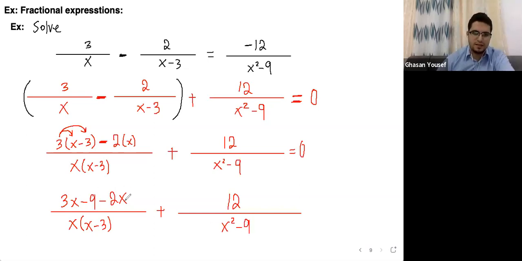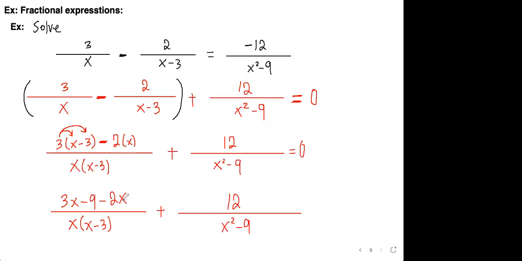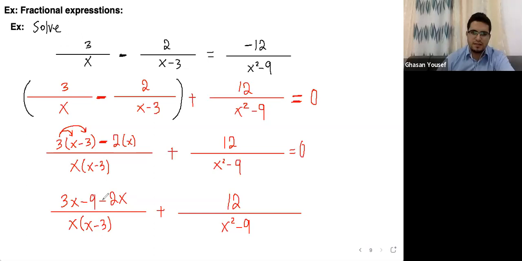I can simplify this side again. 3x minus 2x, what do I get? What do I get when I do the 3x minus 2x? They give me x only. 3x minus 2x is x minus 9. So I'm going to remove everything here, and I will write x minus 9.